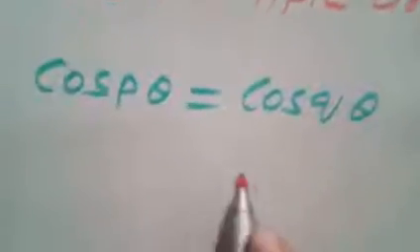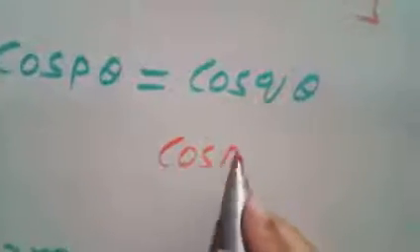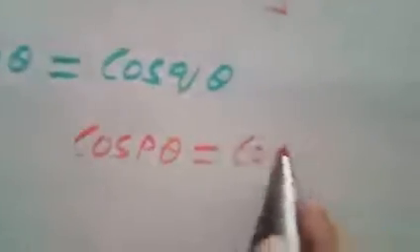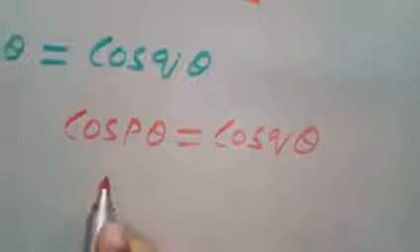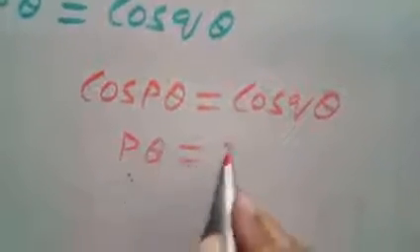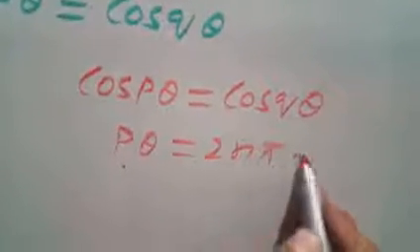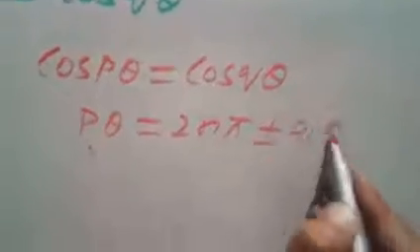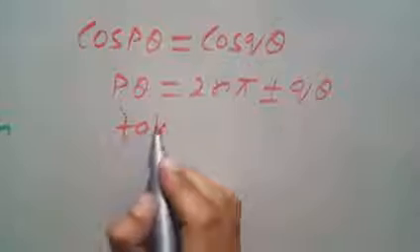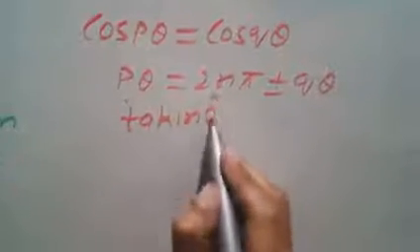Now if we see cos pθ = cos qθ, we know that pθ = 2nπ ± qθ. Here there are two conditions, one for positive.